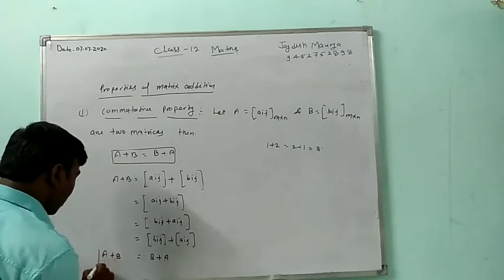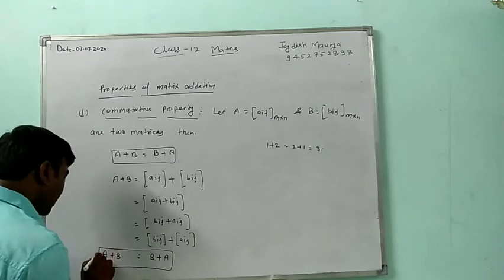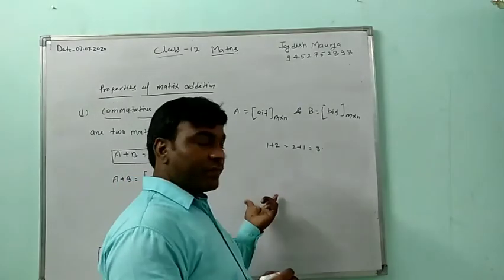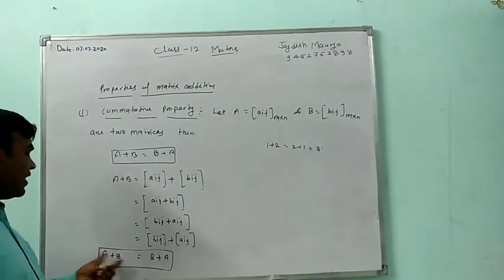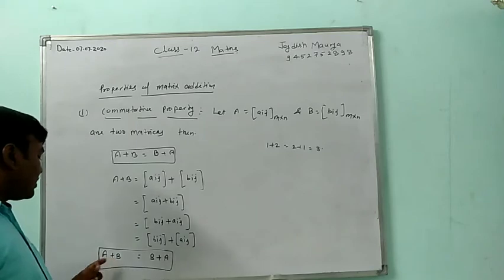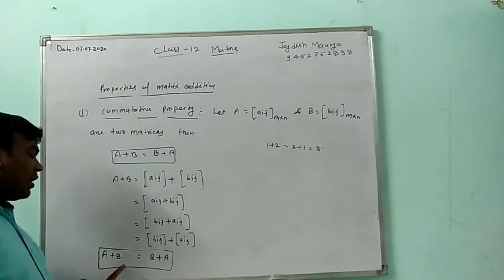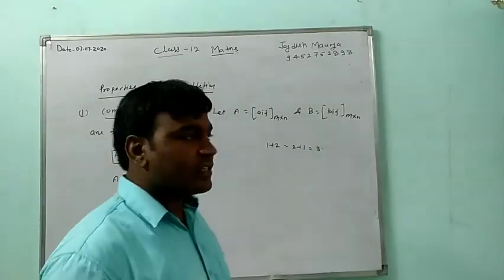A plus B equal to B plus A means the result remains the same when we change the order of addition. Either we can add A plus B or B plus A, but the results are the same.